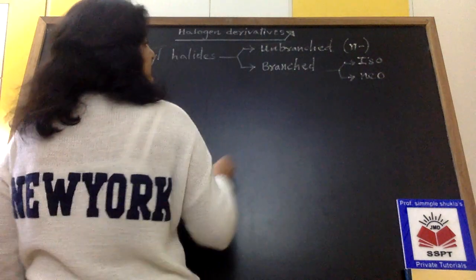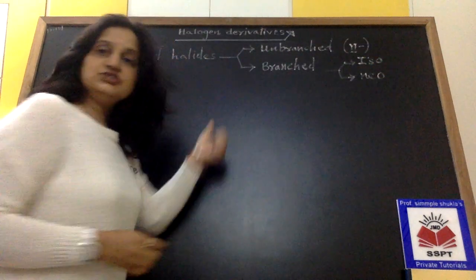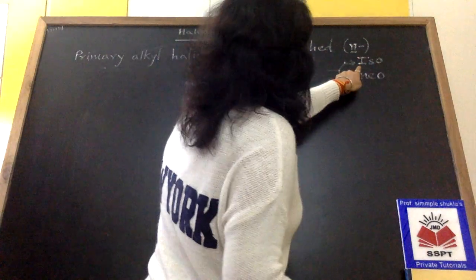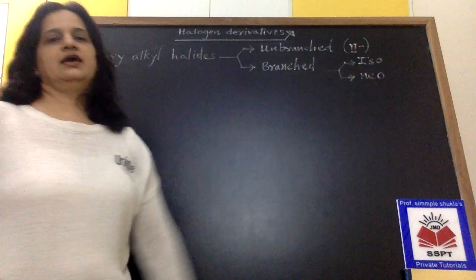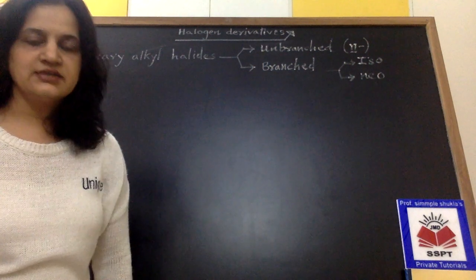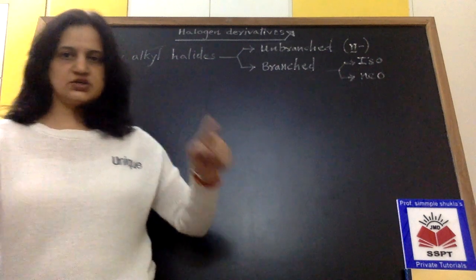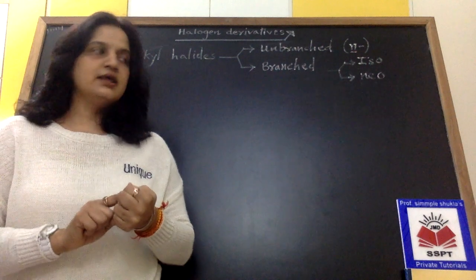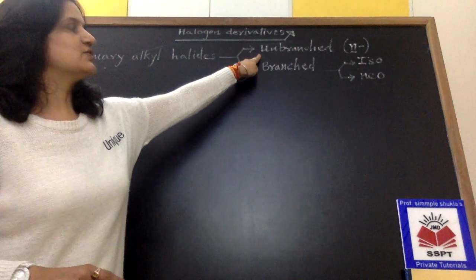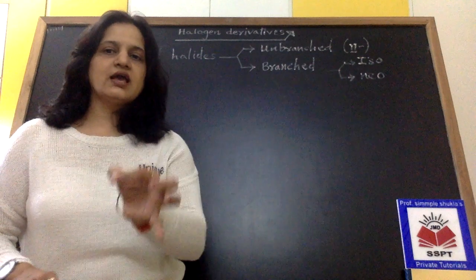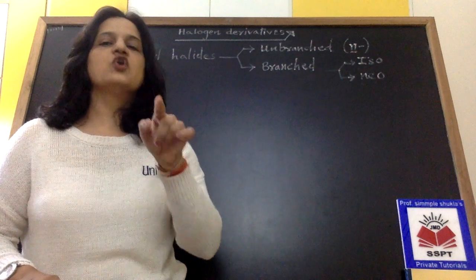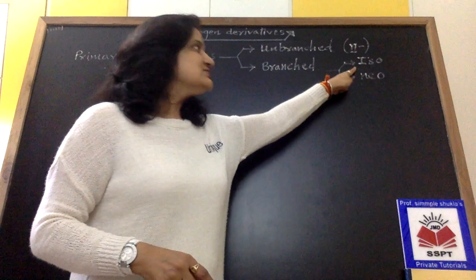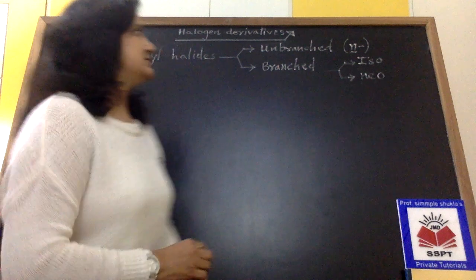The unbranched alkyl halides are also called N-alkyl halides, where N stands for normal, while the branched alkyl halides are further classified into isoalkyl halides and the neo-alkyl halides.